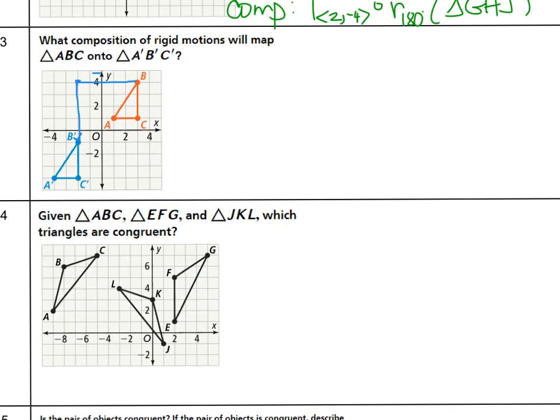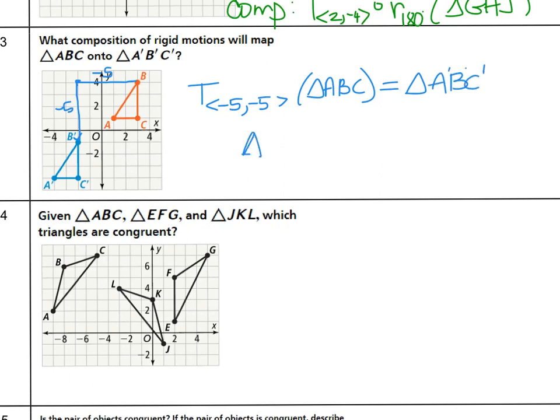So it looks like we're going -5 on the x-axis and counting down 5 on the y-axis. So this would just be a glide or a translation. If we do a translation of -5, -5, that would take our pre-image triangle ABC and map it to triangle ABC prime.